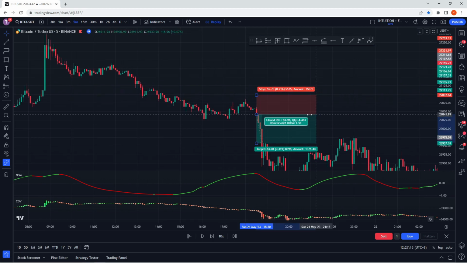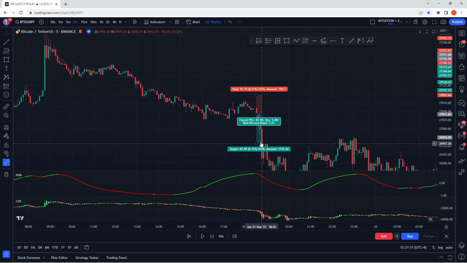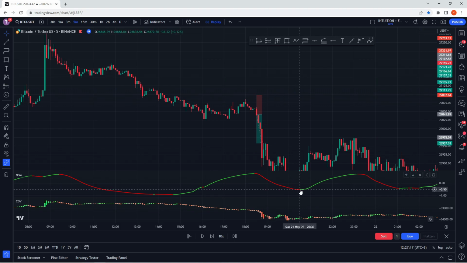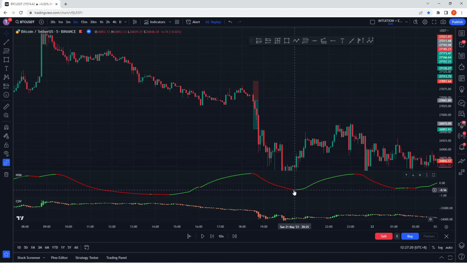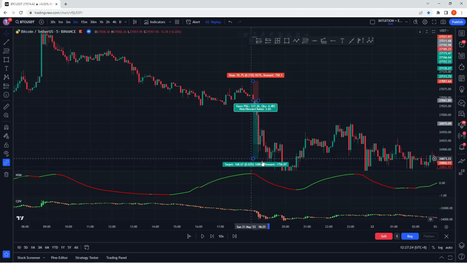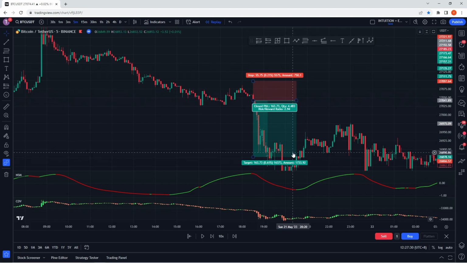So let's say you have only a 1.5:1 risk to reward ratio, you'll be only getting this much. But if you exit where it turns from red to green instead, you're going to exit at this point right here on this candle, and what you realize is that we have almost a 3:1 risk to reward ratio instead, which is why I like this exit strategy.